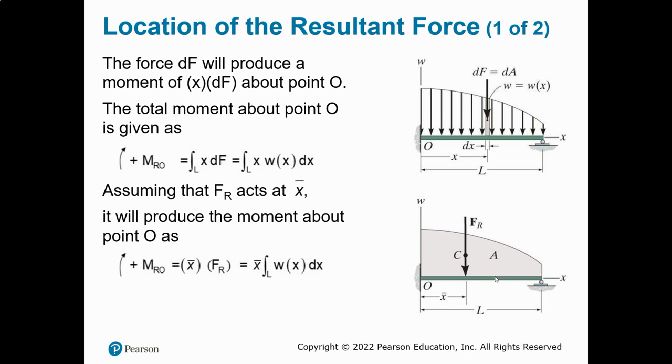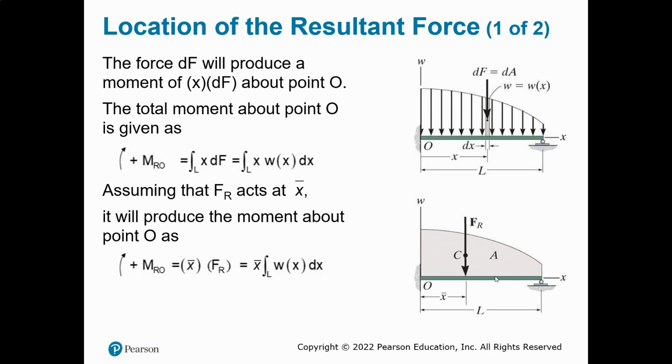The force dF will produce a moment x dF about point O, and the total moment about O is given as M_RO equals the integral over the entire length of x dF. From the previous slide, we learned that dF is W(x) dx.